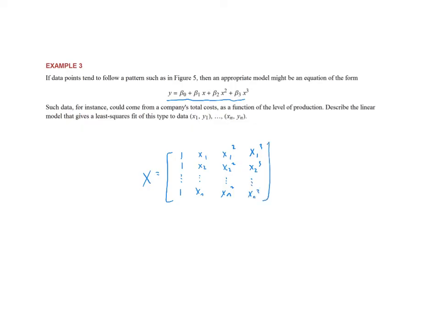Okay, that is what our design matrix would look like. Our b vector would have 4 entries. Our y vector would be the same as it was in the previous problem, but this is the design matrix that changes as you encounter different scenarios.